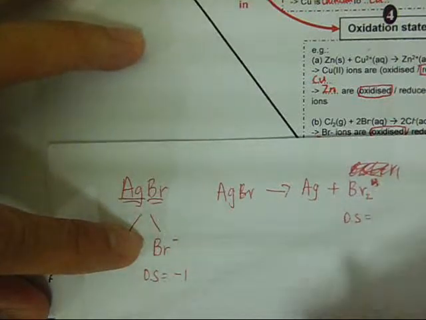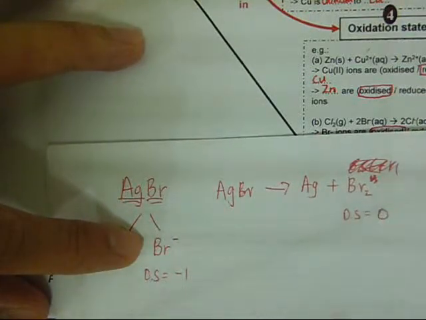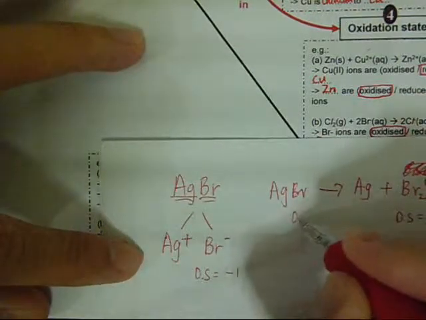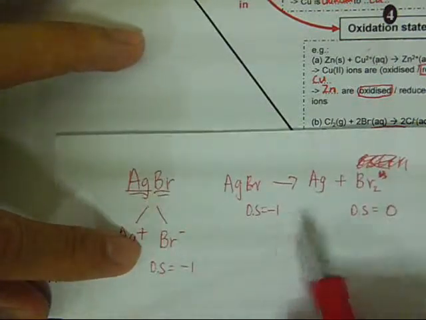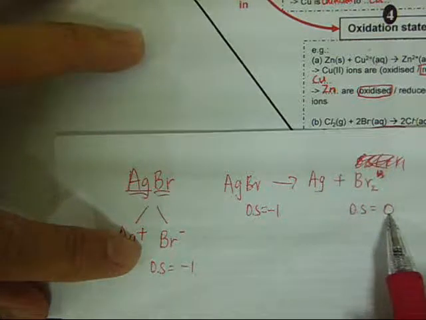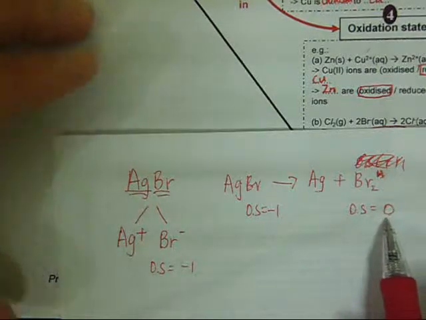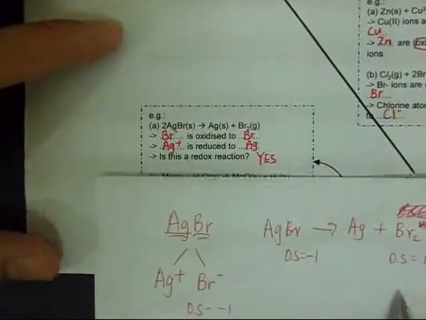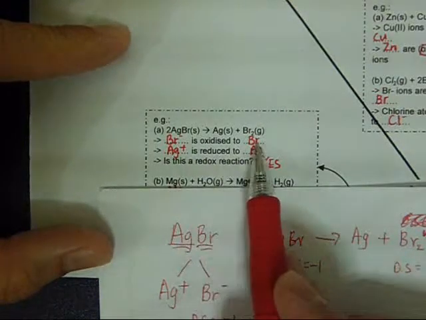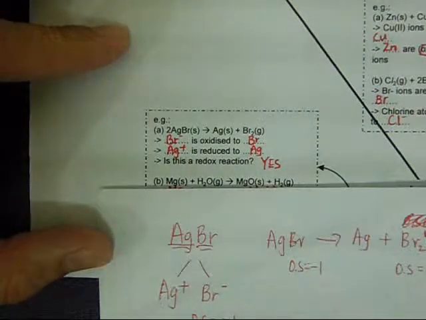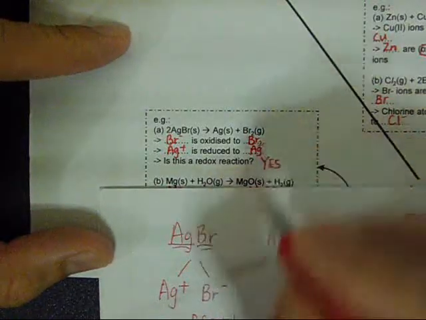There is no charge on Br2, so the oxidation state is 0. So -1 becomes 0, an increase in oxidation state. An increase in oxidation state is an oxidation process. Therefore, Br minus is oxidized to Br2.